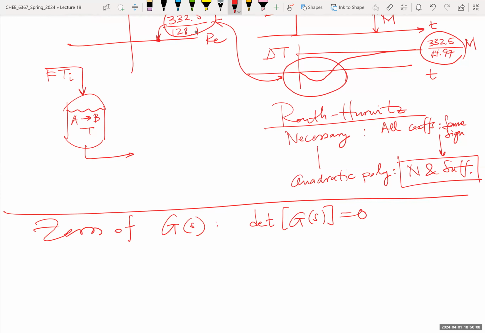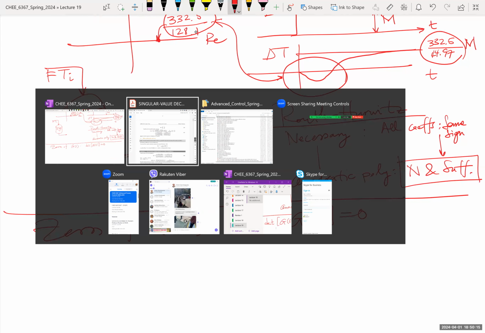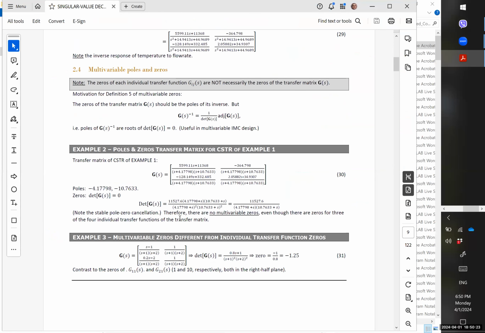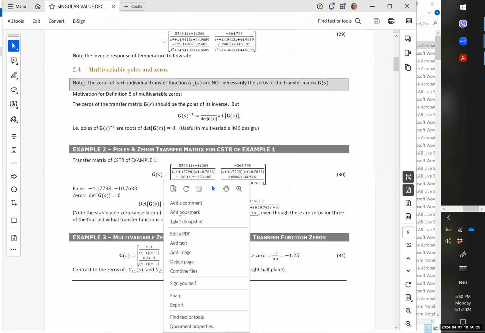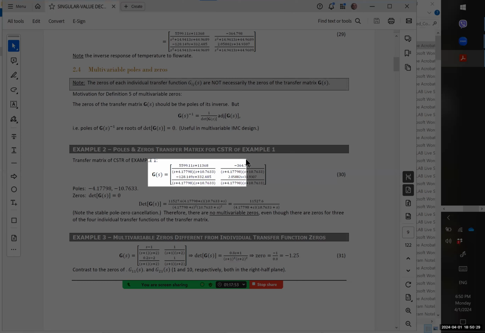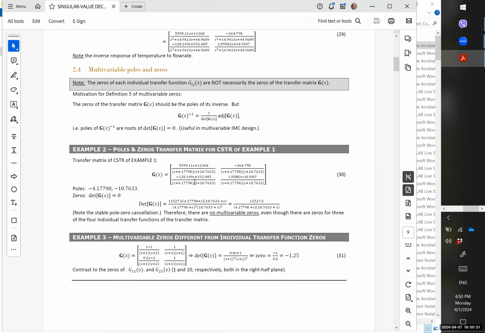The determinant of this G of S is a calculation that requires perhaps a computer to do cleanly. So if this is my G of S, the determinant of G of S is given by this.